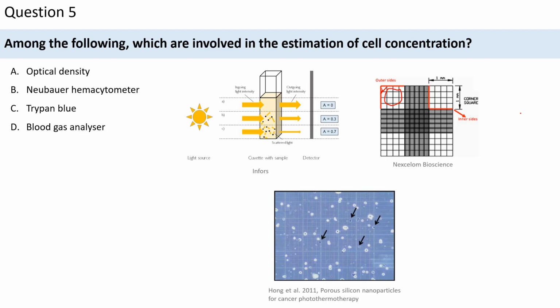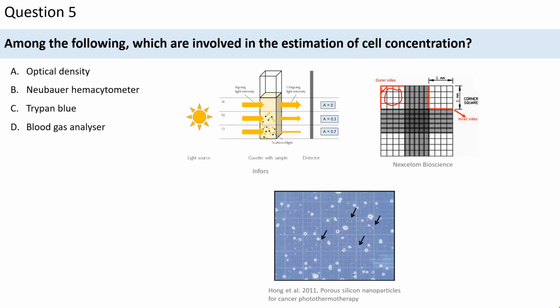Whereas in trypan blue, this is mainly to differentiate dead cells and live cells. Wherever the complete blue stain has been taken up, those are dead cells, whereas the bright cells are the live cells. So trypan blue is also used to estimate the cell concentration.